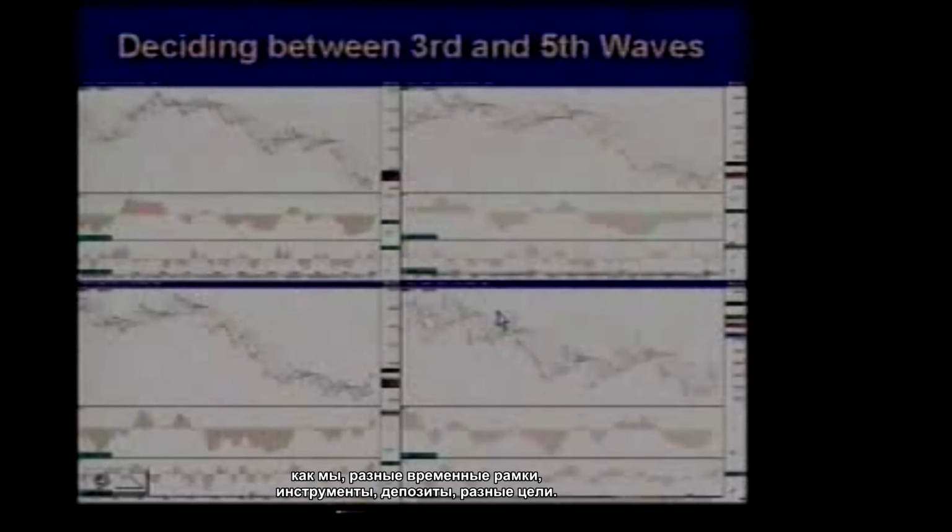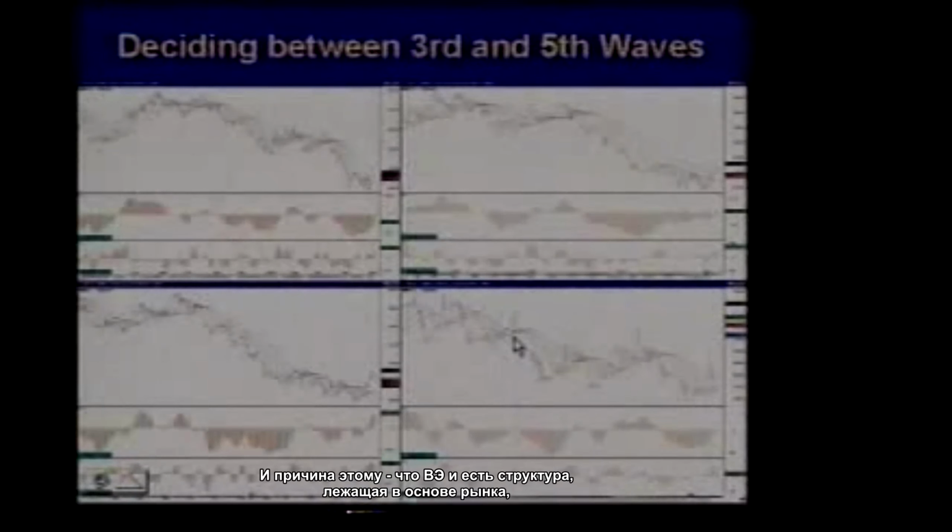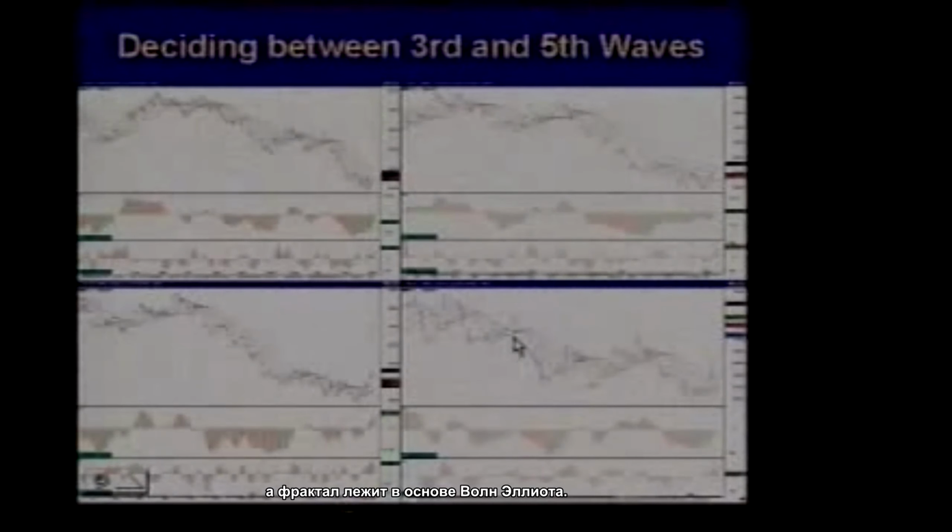And we all have different time frames, different amounts of money, different amounts of ammunition, and our goals are different. And yet it all comes out in the underlying structure of the Elliott wave. And the reason it does that, obviously, is because the Elliott wave is the underlying structure of the market. The underlying structure of the Elliott wave is the fractal. So you have the fractal underlying the Elliott wave and the Elliott wave underlying the market.